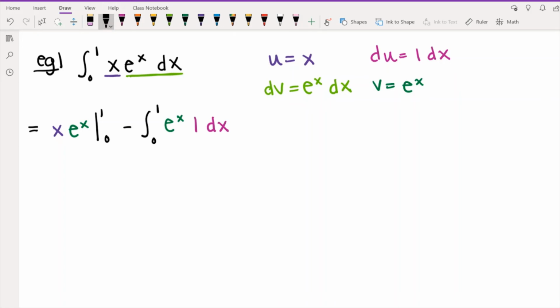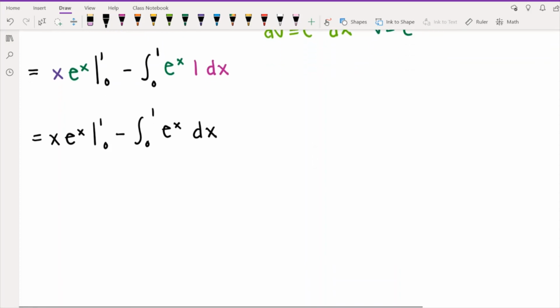So this would be x e to the x evaluated at 1 and at 0 minus the integral from 0 to 1 of e to the x dx. And so you can either evaluate this part right away, or you can take the antiderivative and do it all at once. It doesn't really matter. You'll get the same answer either way.